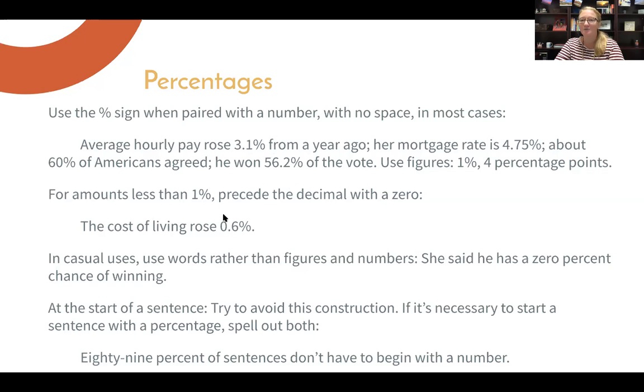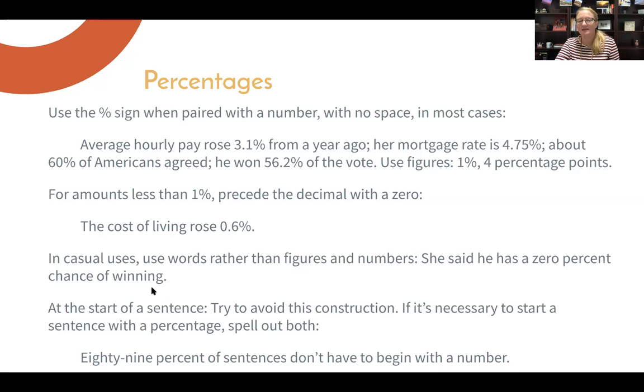I don't personally like it, but it's not my job to make those decisions. In casual usages, you use the word rather than figures and numbers. So we're not talking about an exact 0% when she says he has a 0% chance of winning. There's probably no empirical research data that's showing that.